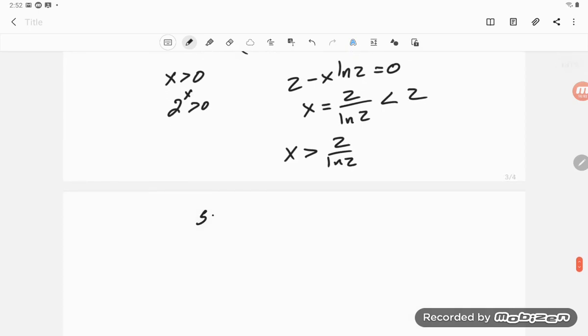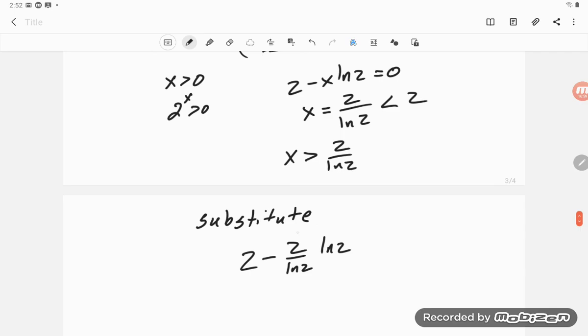You substitute in 2 minus, well, a number greater than 2 over log 2, times log 2. I'll toss an a in there, and a is bigger than 1.